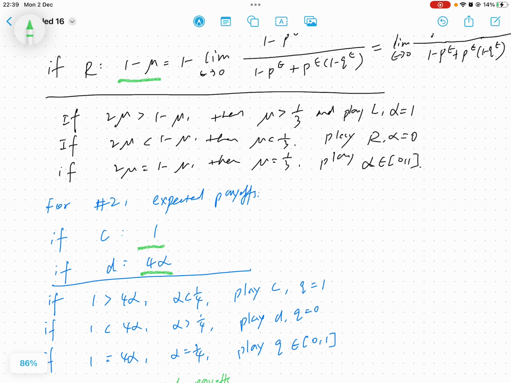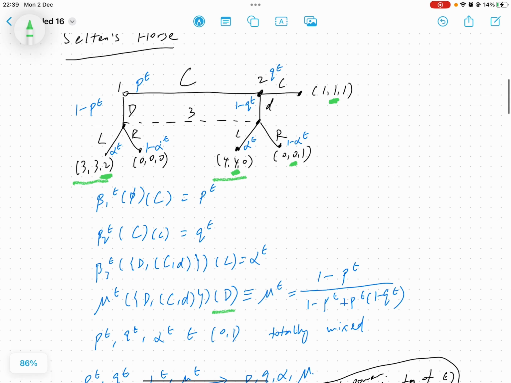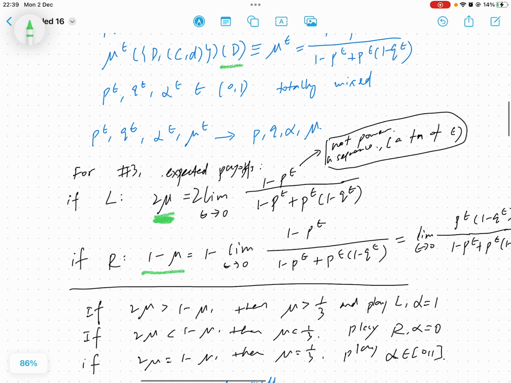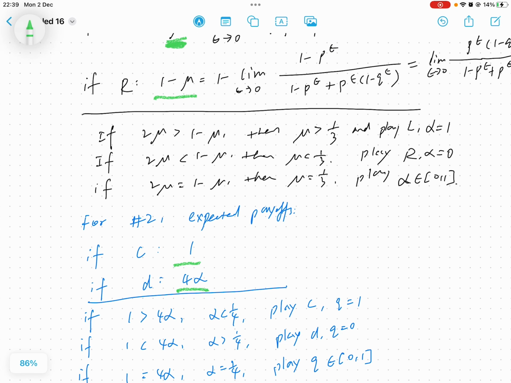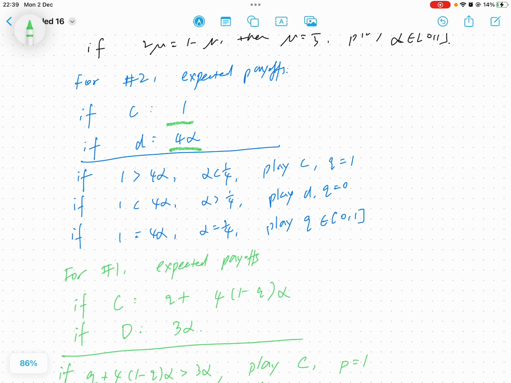But if player 2 plays D, that would be conditional on this alpha, getting the expected utility from the 4 and 0 with the probabilities. So it will be 4 alpha, and we similarly compare all those numbers.